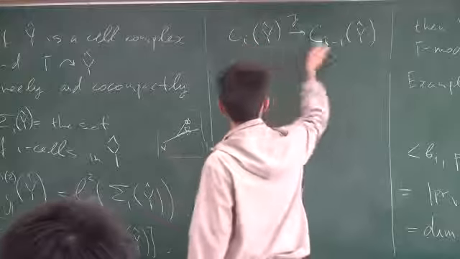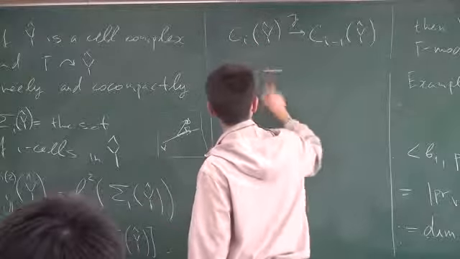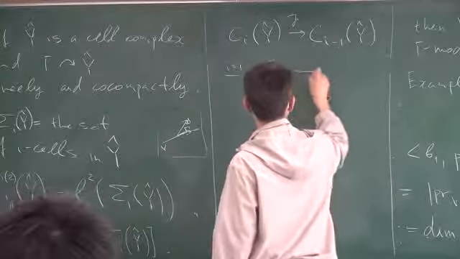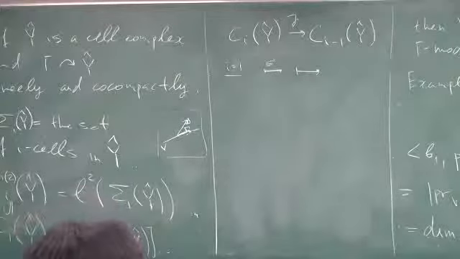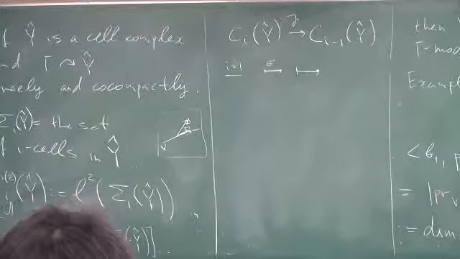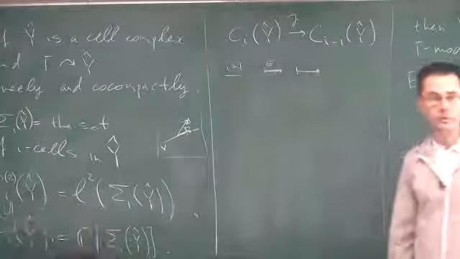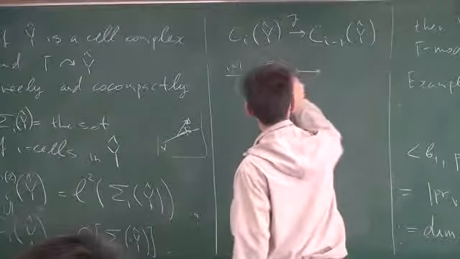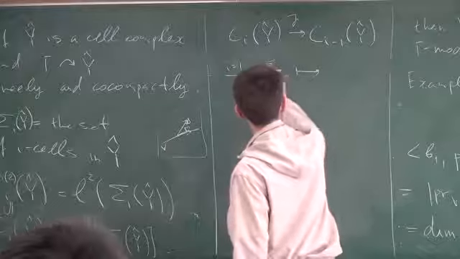So you need to define a function just on edges. You pick one edge here, call it sigma, and to every edge you associate what? The difference of the vertices. We assume that there is an orientation on the edge, so we take sigma, with endpoints sigma plus and sigma minus.